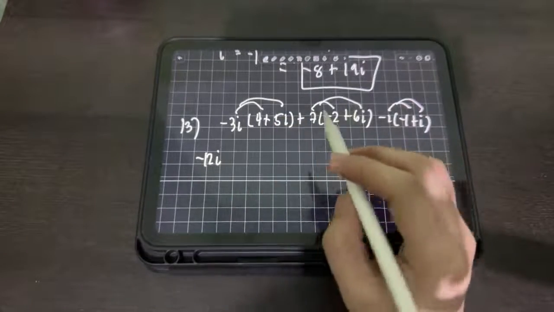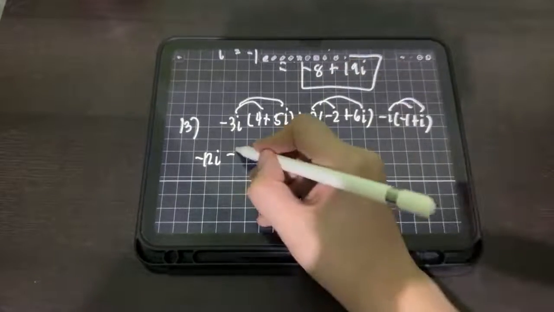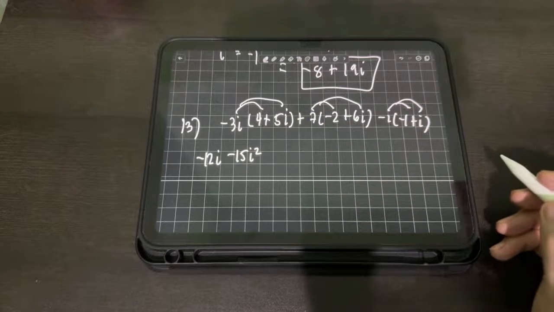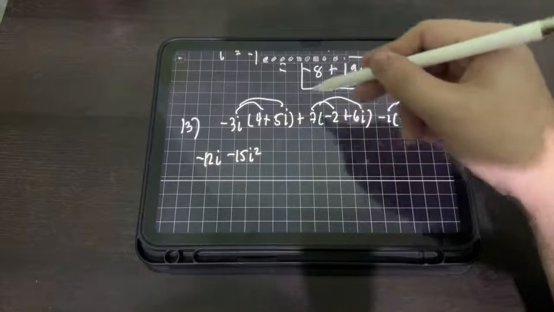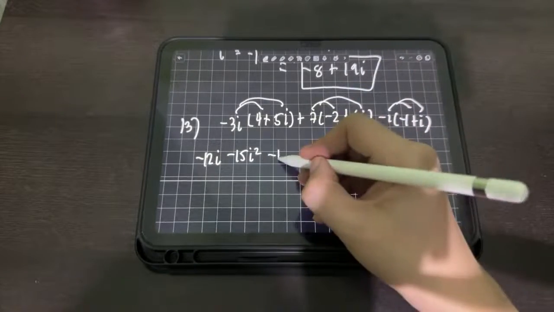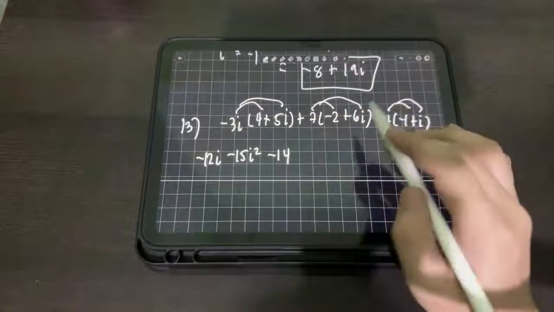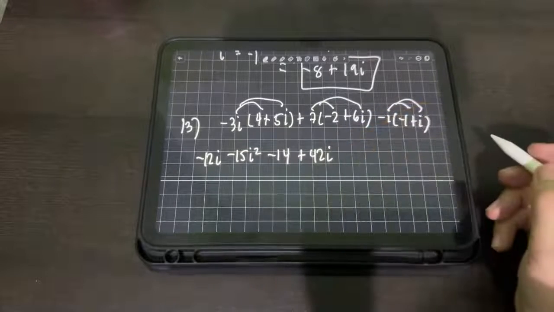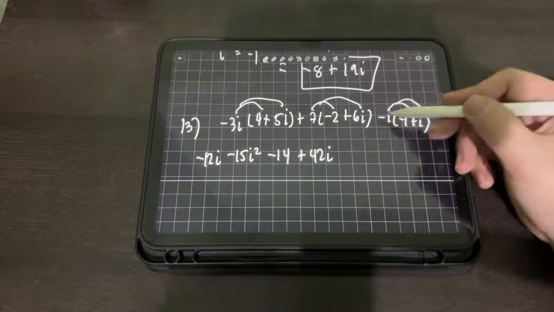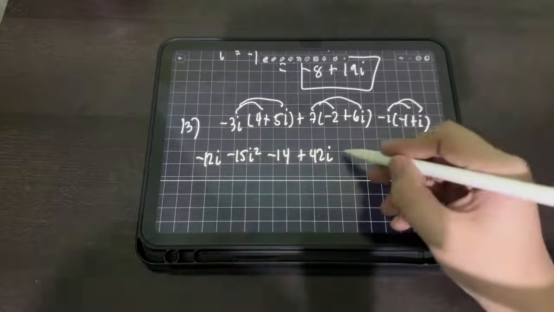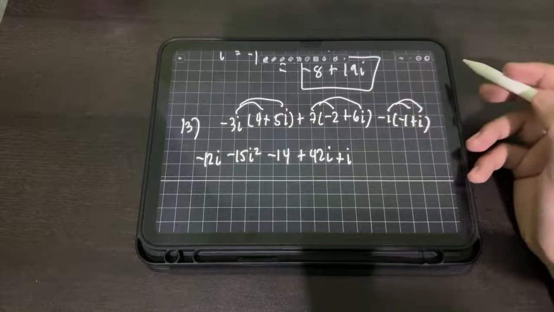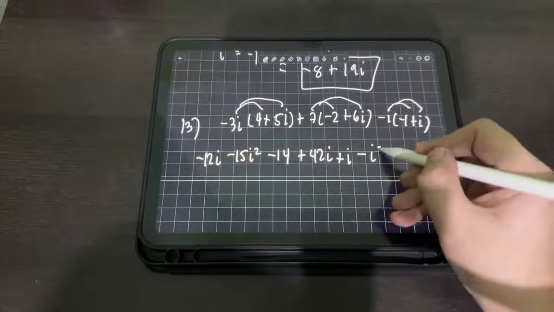Negative 3i times 5i, negative 15i squared. Next, 7 times negative 2, negative 14. 7 times 6i, positive 42i. Next, negative i times negative 1, positive i. Negative i times i, negative i squared.